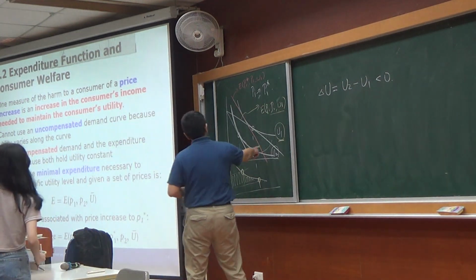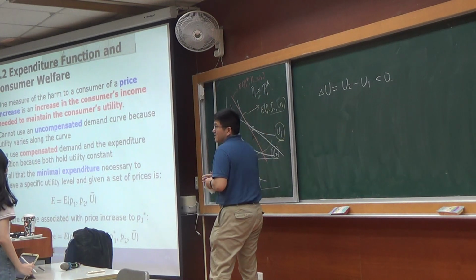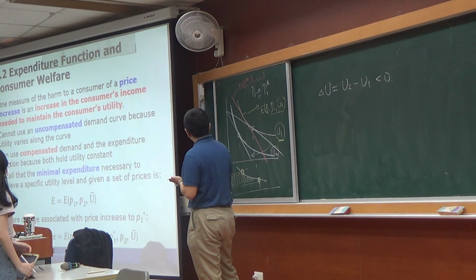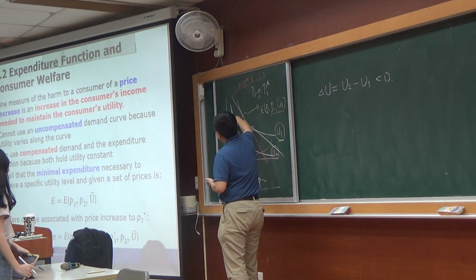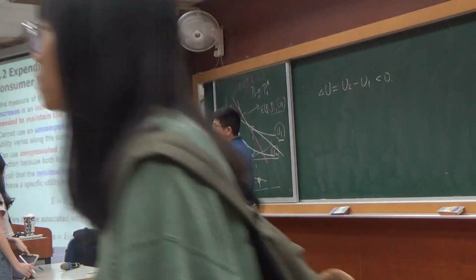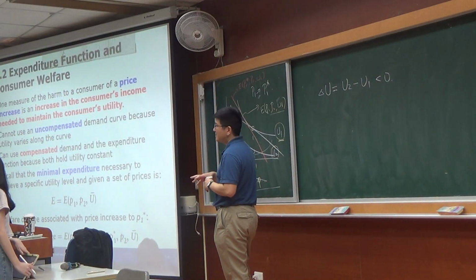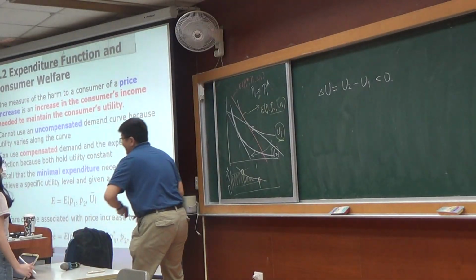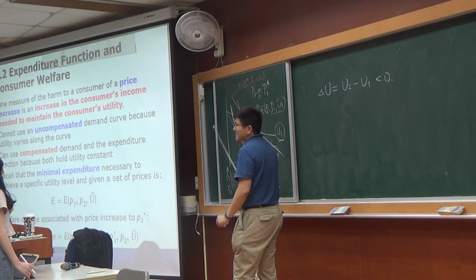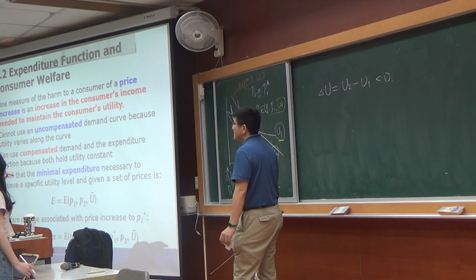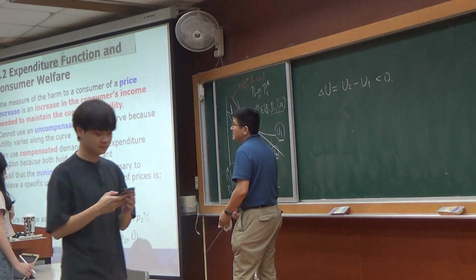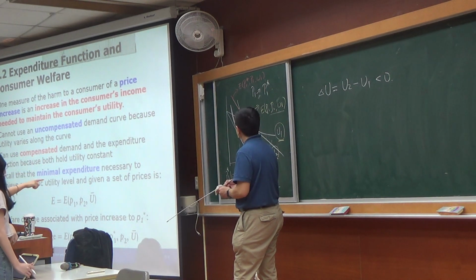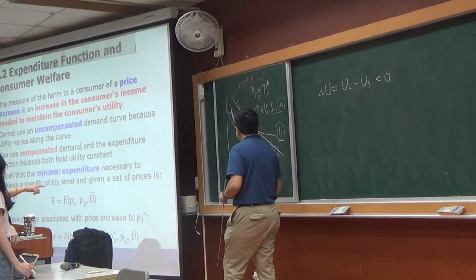Because the change is mainly due to this change, P2 and Y are unchanged. So Y is the income like this and like this. They share the same Y. This and this share the same Y. What's the indicator on the vertical axis?